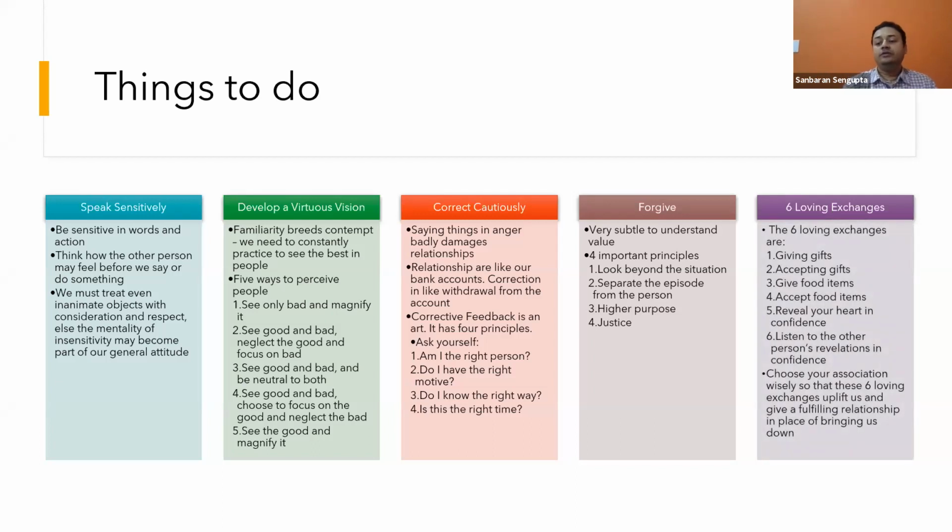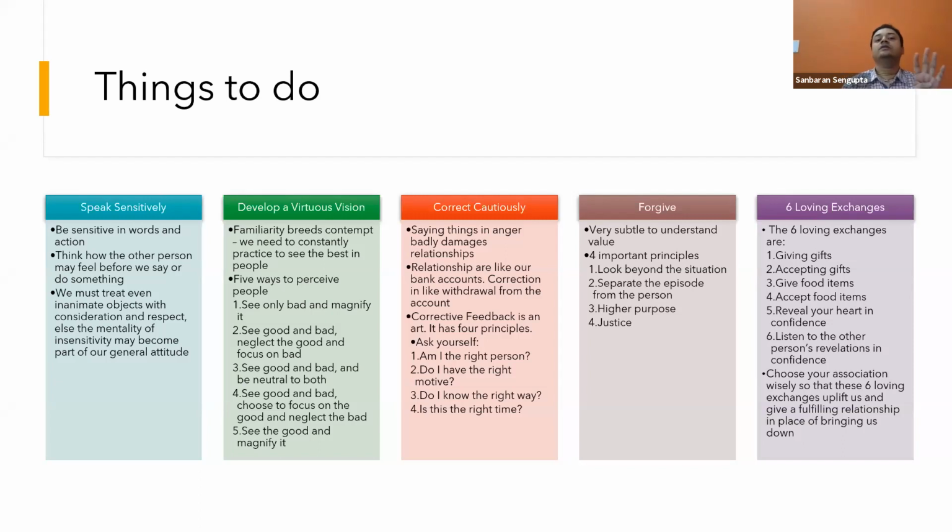Coming to the last, but one of the most important points, six loving exchanges. And I am sure you would all relate to this. One of our very famous sages, saints, Srila Rupa Goswami, from 500 years ago, the follower of Chaitanya Mahaprabhu, in his book called Upadeshamrita, teaches: Dadati pratigrihnati, guhyam akhyati prichchhati, bhunkte bhojayate chaiva, shad-vidham priti-lakshanam.